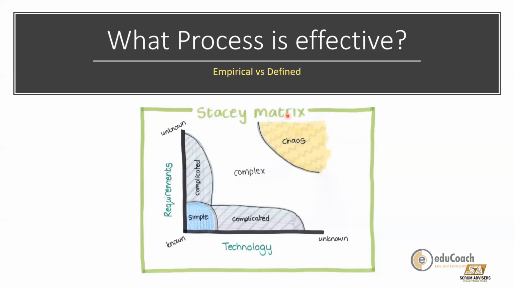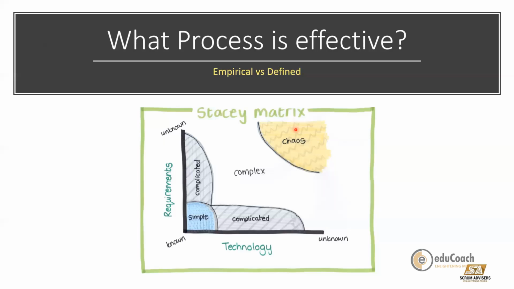And of course, then we have the chaos section, which we would all like to stay away from. So this is just one example of how you can consider using one of the two processes, and the Stacey matrix gives you a good way of being able to analyze that.